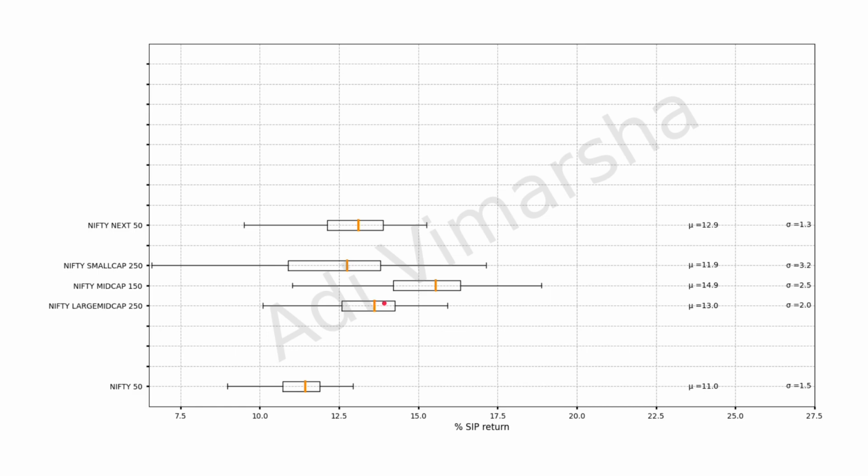Now you see the interesting case for Nifty Smallcap 250. Nifty Smallcap 250 is giving less returns than Nifty Next 50 and Nifty Midcap 150 as well. An important thing to note here, it is having the highest variation, meaning the spread of the returns from Smallcap 250 is very high.